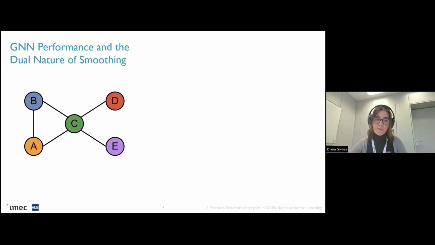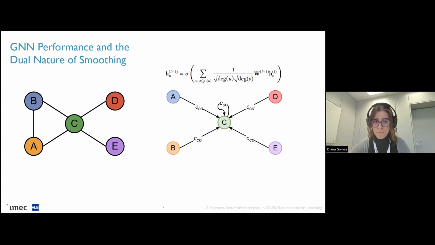Now in here, for simplicity, I'm only considering feature vectors on the nodes, and I'm going to consider node classification throughout. But what I am interested also in seeing here is that because GNNs focus on this aggregation mechanism, and it's difficult to escape this, we also have a phenomenon associated to this aggregation mechanism, which is the smoothing.